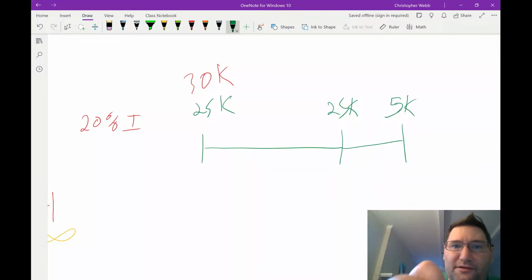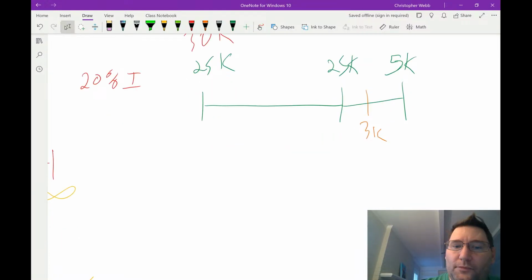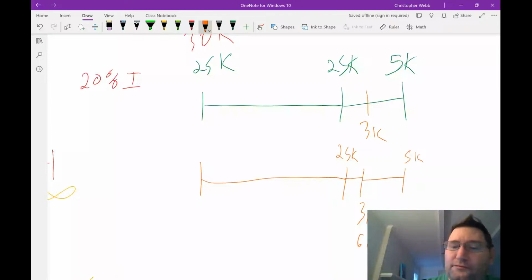So 3,000. So now your next year, you're going to do the 25K again, and you're going to save again 3K. So now that's a total of 6. And at this point, it is savings.